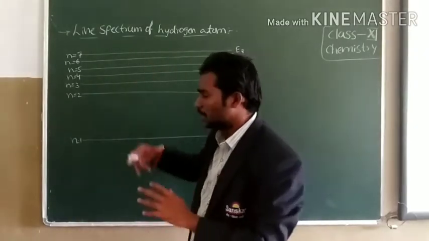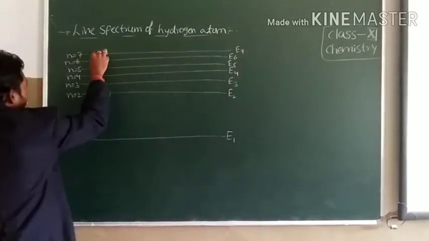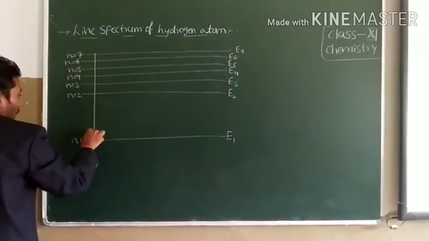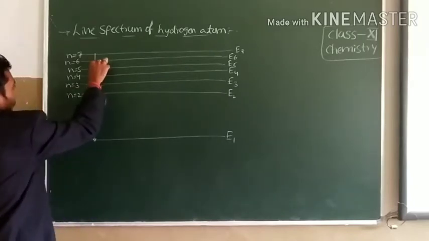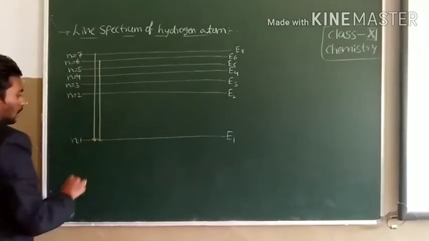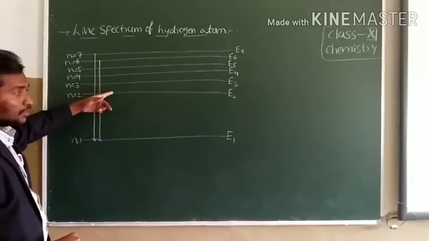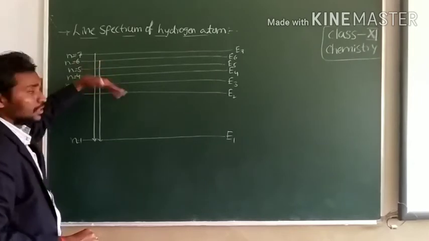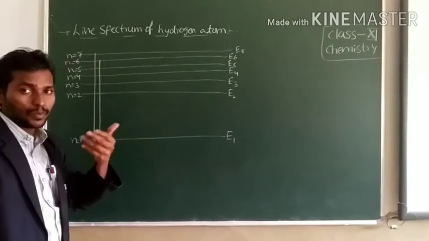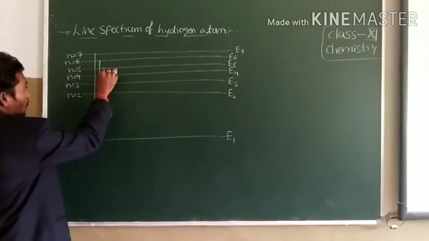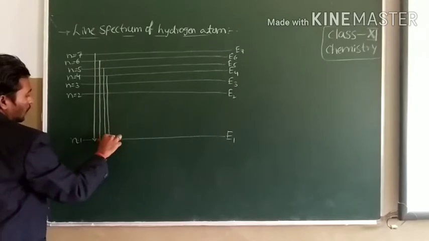So during excitation, the electron will be present in the second level, third level, fourth level, fifth level, and higher energy levels. This is based on the amount of energy absorbed from the surroundings. So the electron may be present at the fifth level, or sixth level, or seventh level.